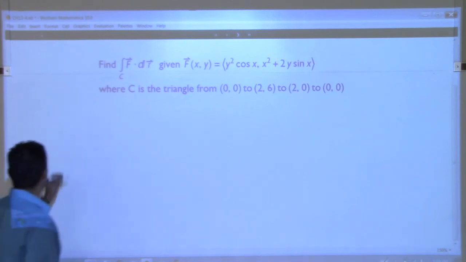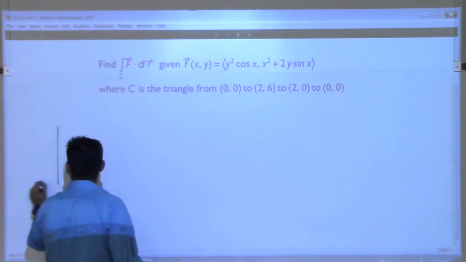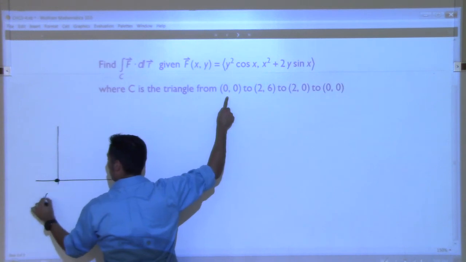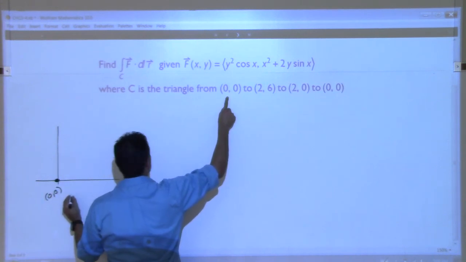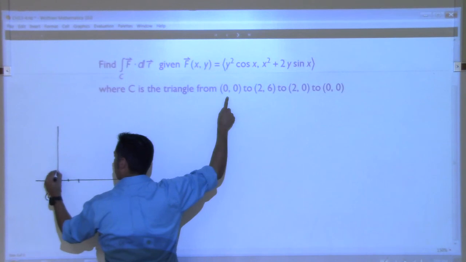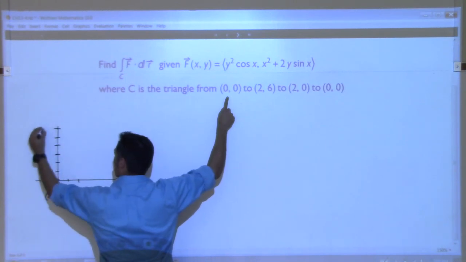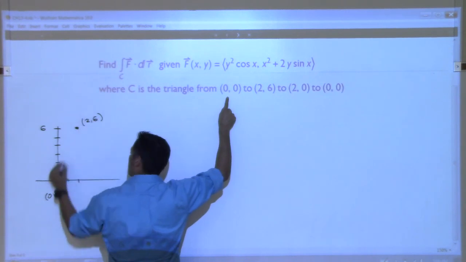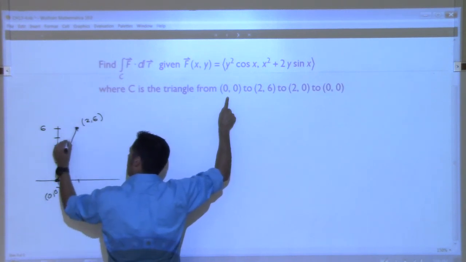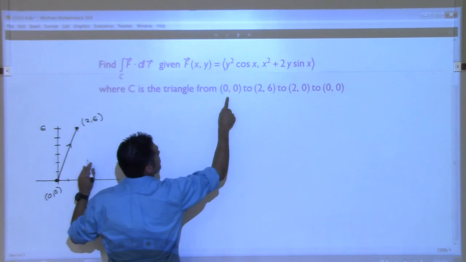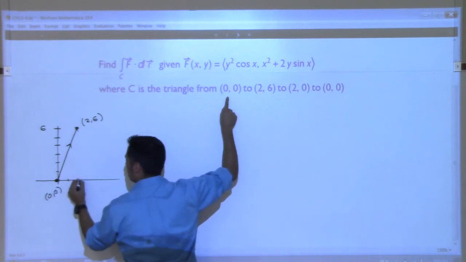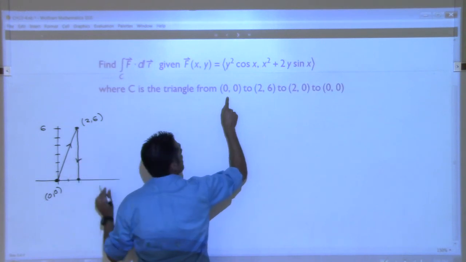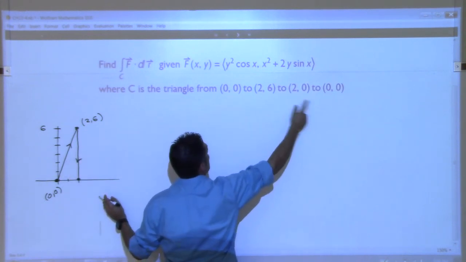I'm going to start by drawing the C. So my path starts at 0, 0, goes to the point 2, 6, then it goes to the point 2, 0, and then it goes back to the origin.